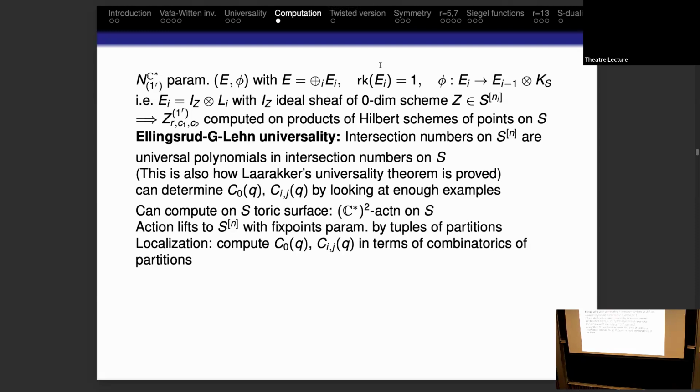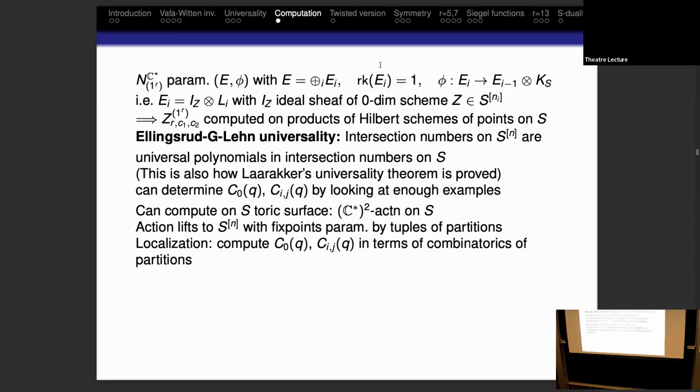In particular, this is also used to prove Lehn's universality theorem. And then once one knows this, one can determine these universal power series, C0 and Cij, by looking at enough examples. In particular, we can take as examples toric surfaces.